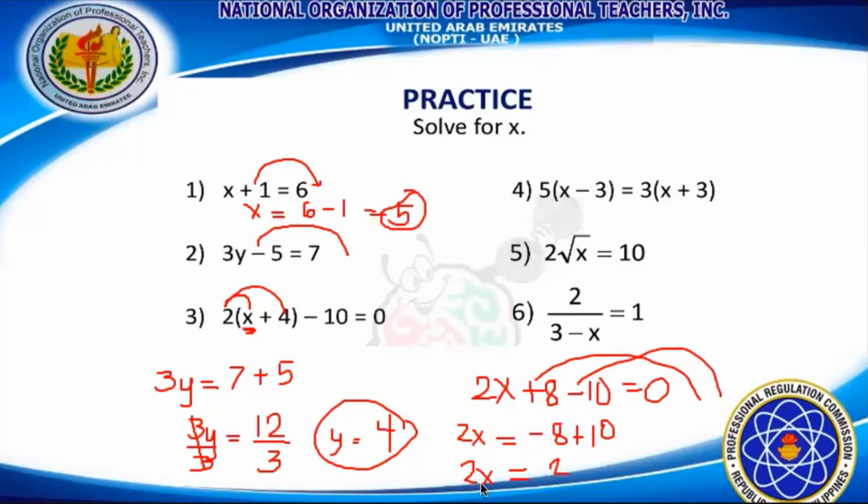So, si x na hinahanapan natin, meron pa siyang kasamang 2. So, anong gagawin? Divided by 2. Kasi ang gusto lang natin na makita dyan is x lang. So, cancel. So, x equals 2 divided by 2 is equal to 1. Okay?